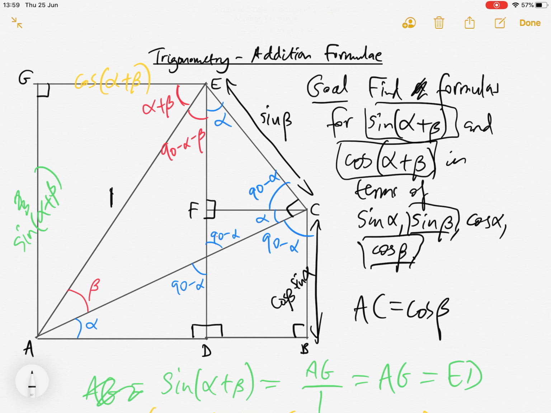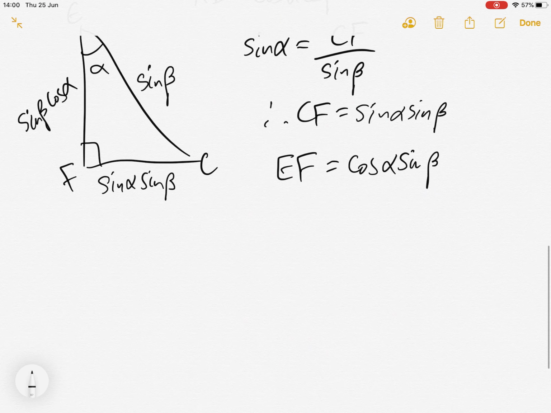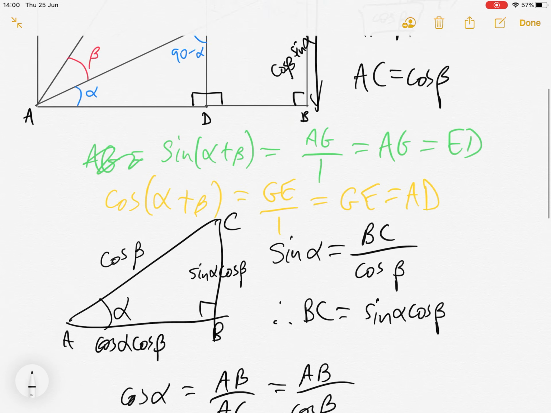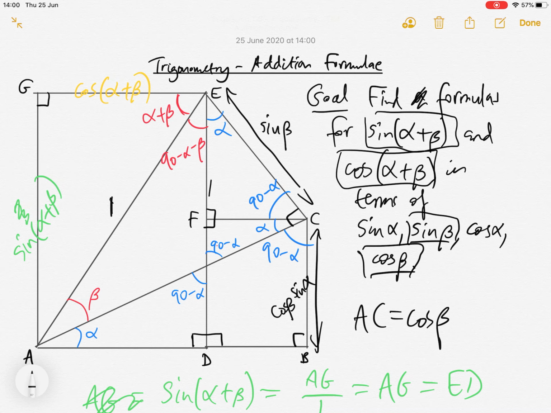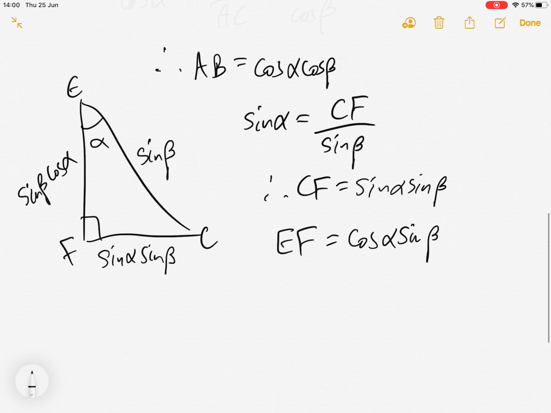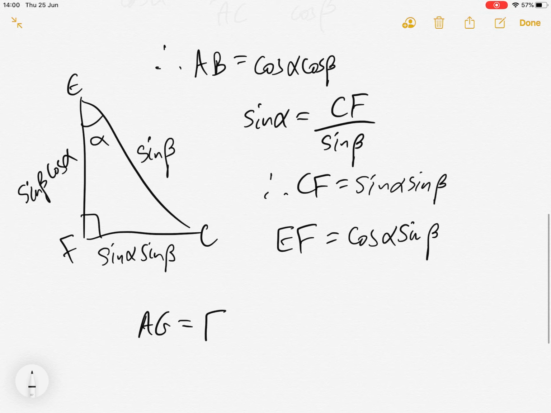And it's almost too much to fit on this diagram now. But notice that the height AG is sine alpha plus beta, but it's also EF plus FD. And we know FD because it's the same as BC. So we can say the height AG is EF plus BC.